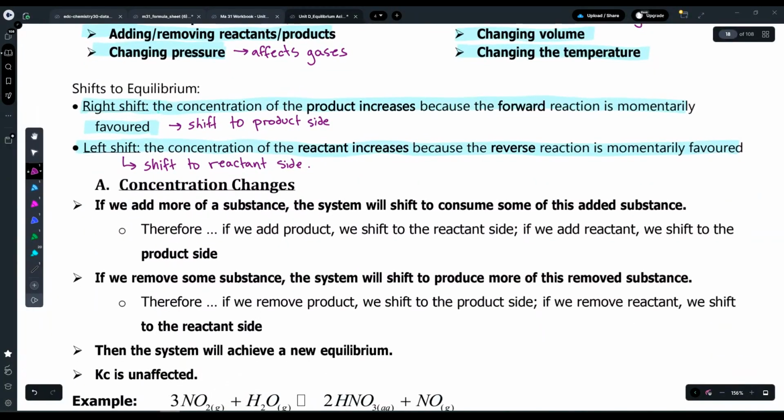All right, so let's talk about changes in concentration. If we add more of a substance, the system is going to shift in order to consume some of this added substance. Therefore, if we add a product, the equilibrium is going to shift to the reactant side. If we add a reactant, it's going to shift to the product side.